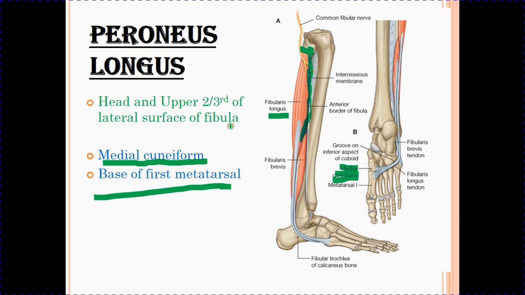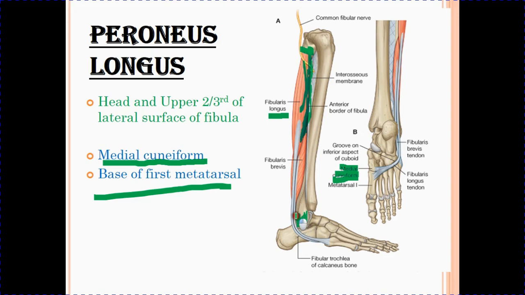The peroneus longus muscle arises from the head and the upper two-thirds of the lateral surface of the fibula. The fleshy part is converted into the tendon and the tendon runs downward behind the lateral malleolus. This is an important landmark.